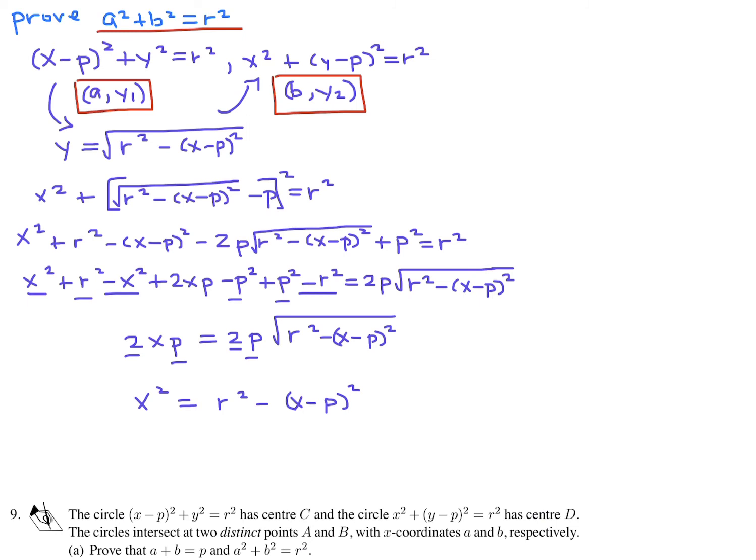For x = a, that's a solution. So a² = r² − (a − p)². And then x = b is also a solution. They tell you that in the question stem. So that means b² = r² − (b − p)².